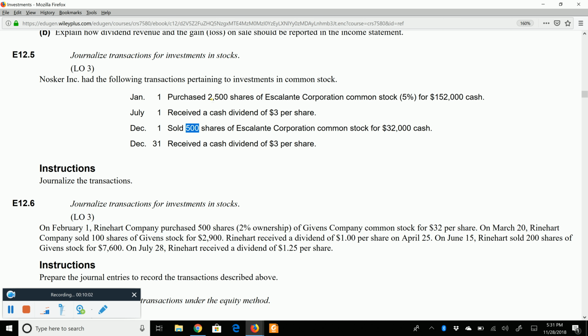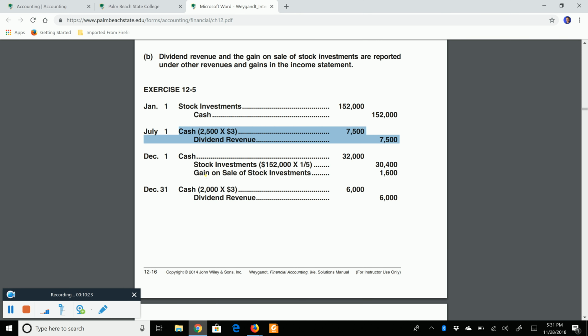What was the original purchase price? It was $152,000 to buy 2,500 shares. Effectively, what are we selling? 500 out of the 2,500. We're selling 1/5 or 20% of our position.